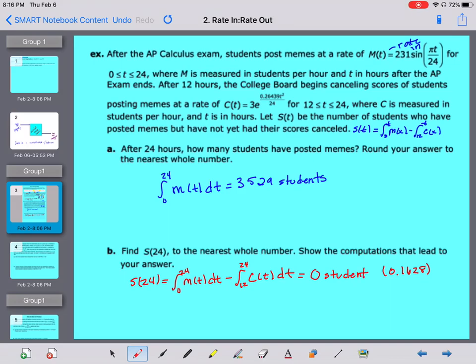Okay. So let's talk about what the meaning of this is in the context of the problem, of course.